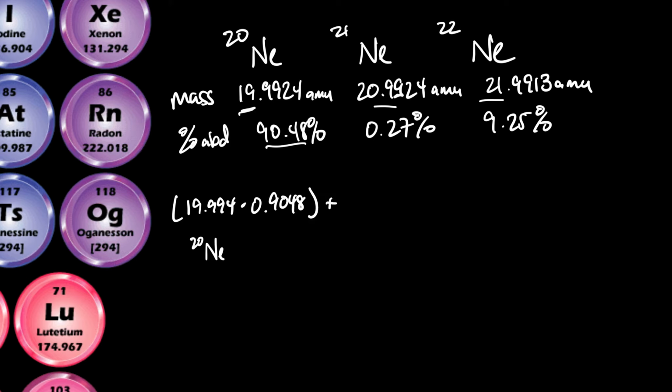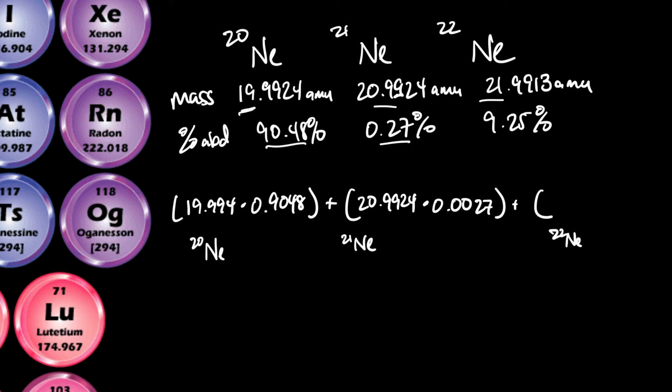For neon 21, we have the mass 20.9924 multiplied by its decimal abundance, 0.0027, plus neon 22, which has the mass of 21.9913 multiplied by its decimal abundance, so here is 0.0925. Okay, so let's just make sure that we have everything here.